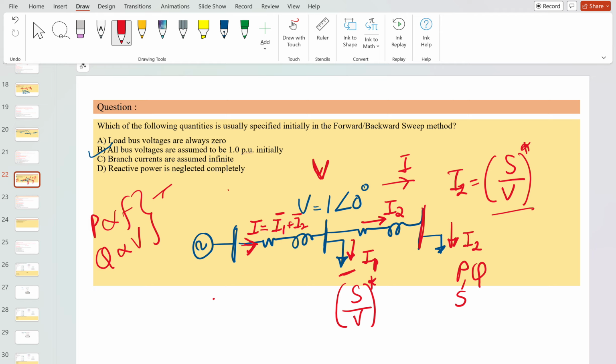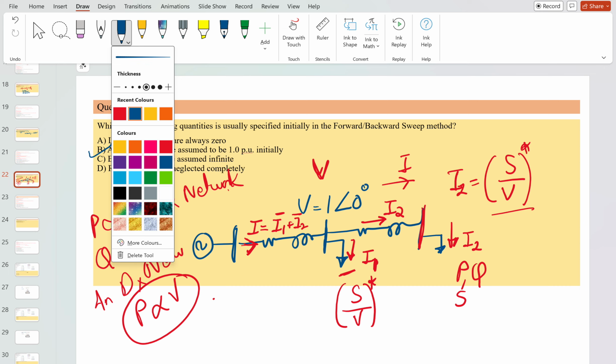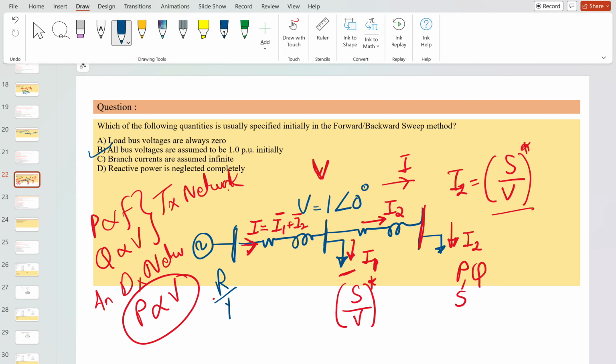But in the distribution network, it is very important that P is also coupled with V, because the R by X ratio is high and you cannot neglect the effect of R.